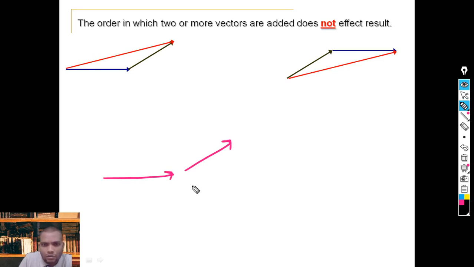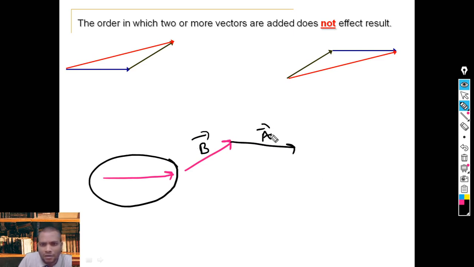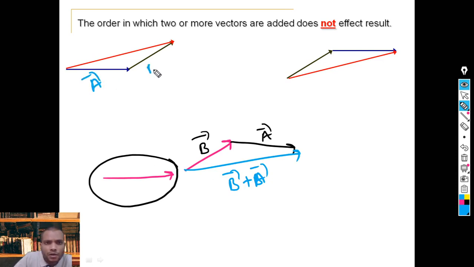Now I need to move the A bar vector towards B bar to get the resultant. In this case, the resultant is also the same, in the same direction. So if we add A bar to B bar or B bar to A bar, both will be the same. A bar plus B bar equals B bar plus A bar.